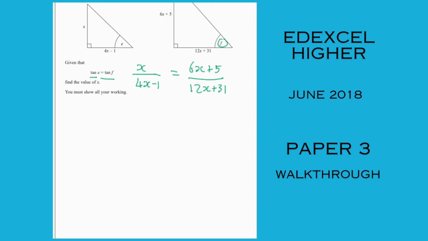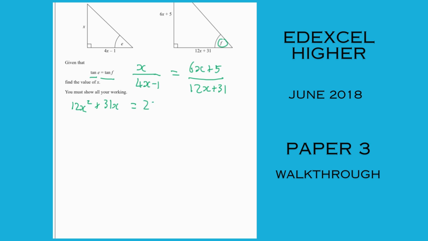So let's get on with the massive pain of expanding and all that. Let's multiply both sides by 12x plus 31. So 12, and I expand it as you go. I'll save a bit of time. We need to multiply 6x plus 5 by 4x minus 1.